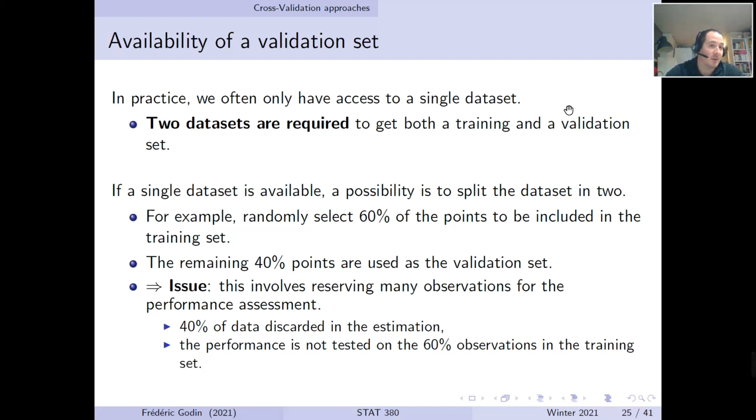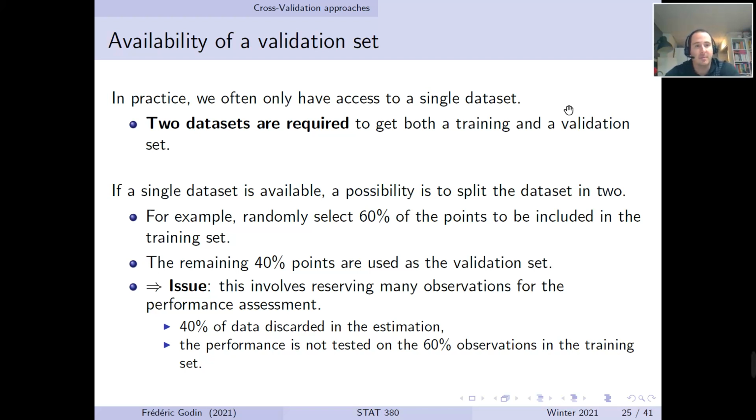So you only estimate your model on 60% of the data, which does not maximize the use of your data to estimate the parameters of your model, for instance. The other issue is that your performance through validation MSE is only estimated on 40% of data points. So you have 60% of data which is discarded for performance evaluation.